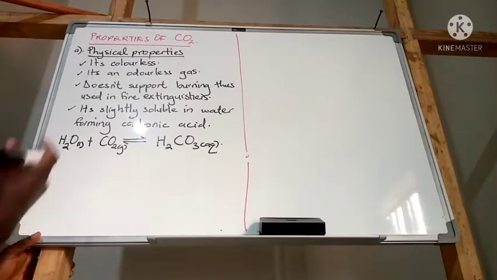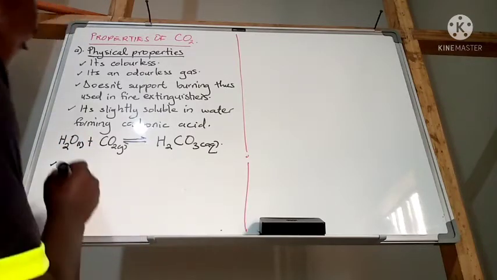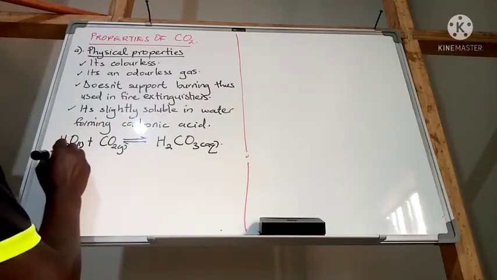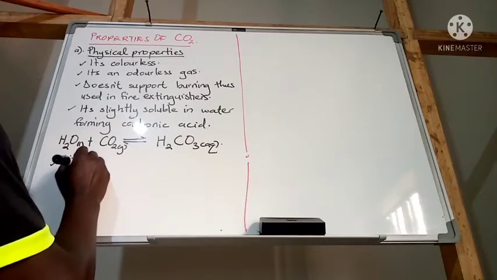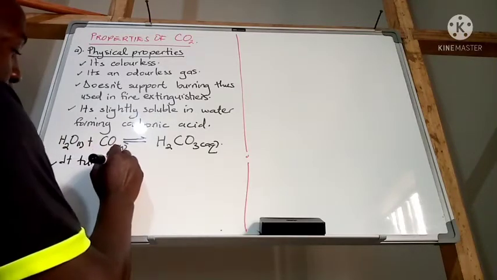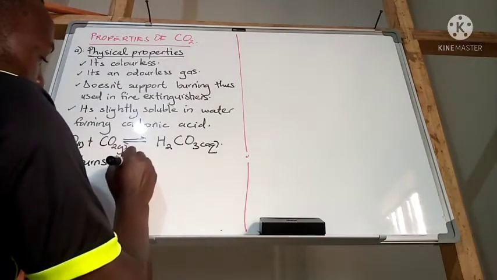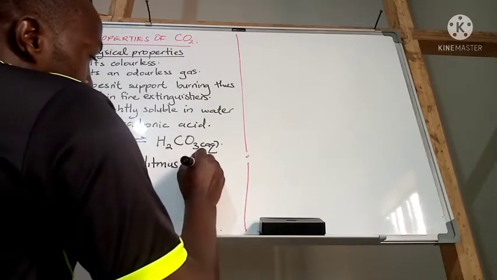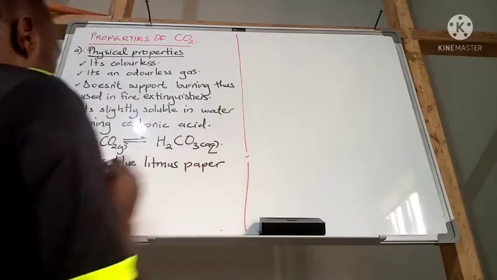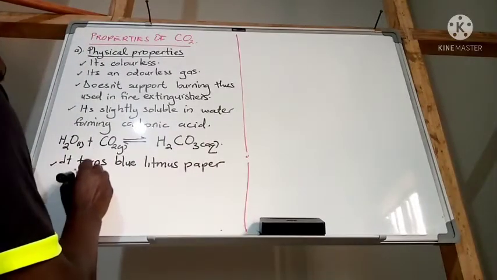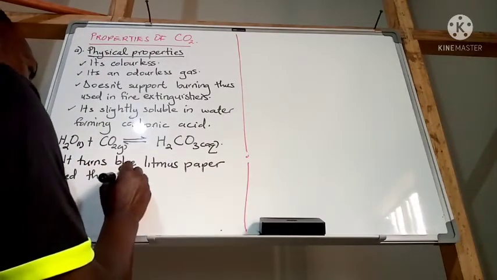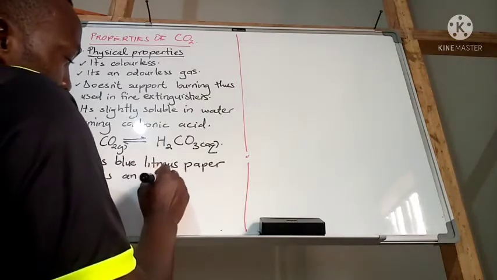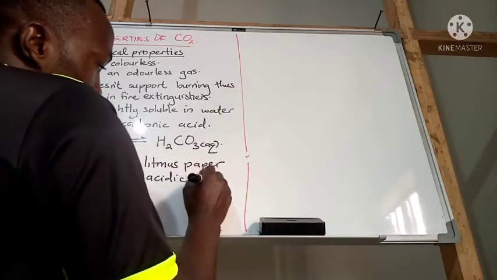This gas, carbon dioxide, is acidic. Therefore, it turns blue litmus paper red. Thus, it is an acidic oxide.